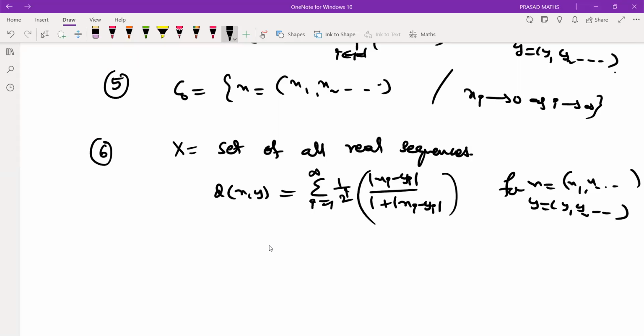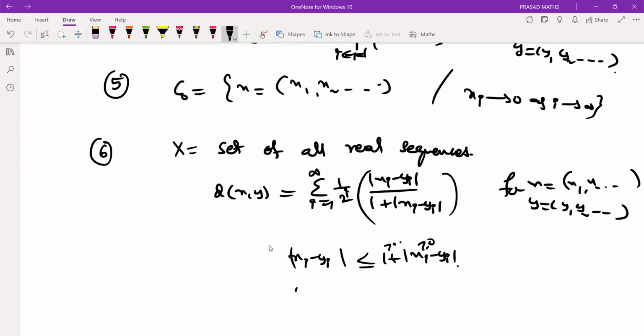First, is it a meaningful sum? Yes. Why? Because this term is always less than or equal to 1 plus this. This is a positive term because the numerator is non-negative and the denominator is positive. Non-negative divided by positive is always non-negative.